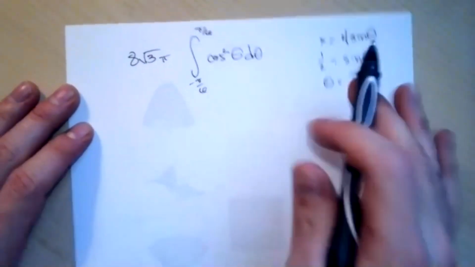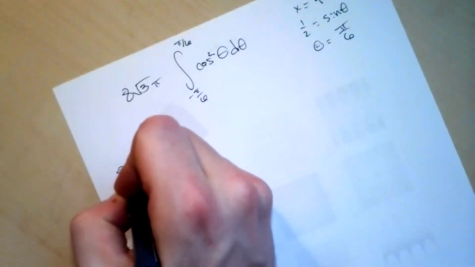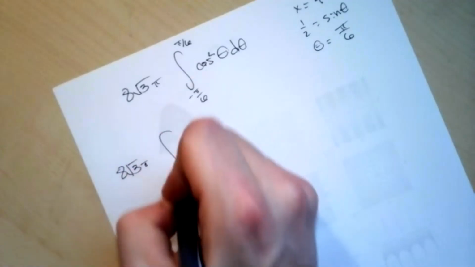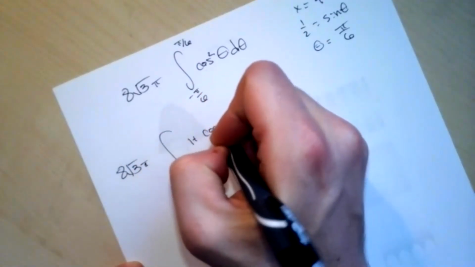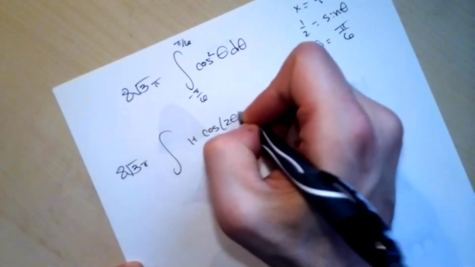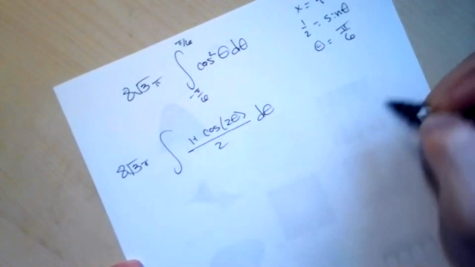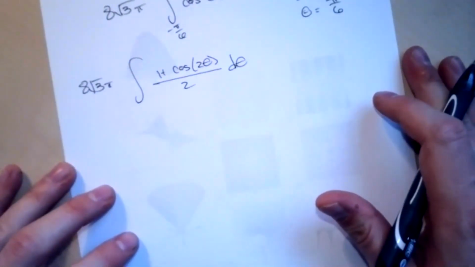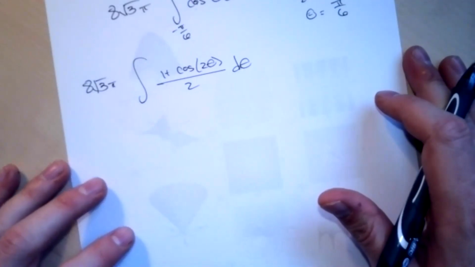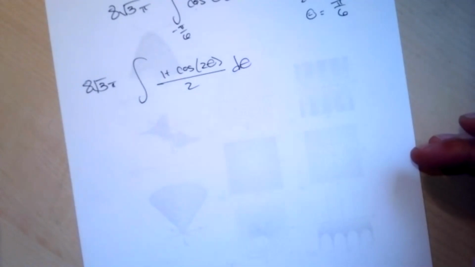And then how do you do the integral of cosine squared? You remember the half angle formula, which looks like it's going to be given to you.